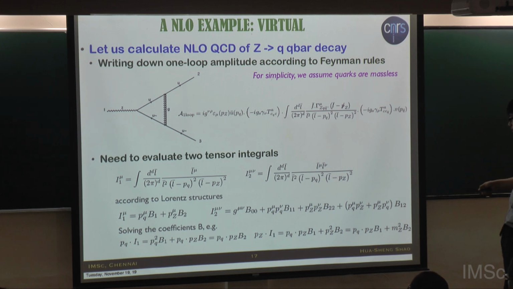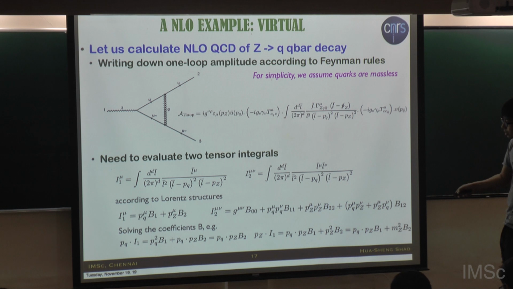I can always write it in this way, and they're symmetric, so I don't decompose it into b_{1,2} and b_{2,1}. I just write it this way. Then I want to solve for these coefficients b1, b2, for example. How do I solve these? I just multiply my external Lorentz vectors p_q and p_z onto the integrals, so that I have a Lorentz scalar on the left-hand and right-hand side as well.